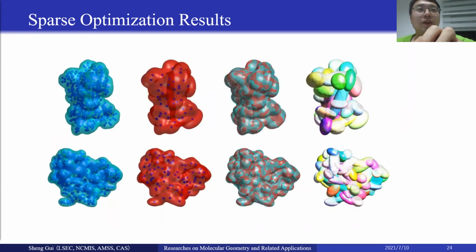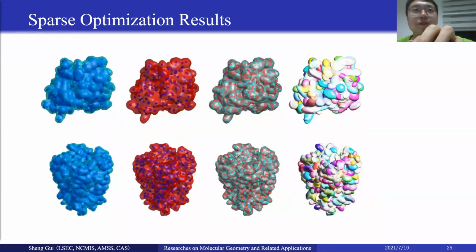Okay, the figure shows some visual results of the sparse optimization model. The first column shows the original Gaussian surface for four molecules. The second column is the final ellipsoid Gaussian surface from our method, while the blue points represent the locations of Gaussian RBF centers.